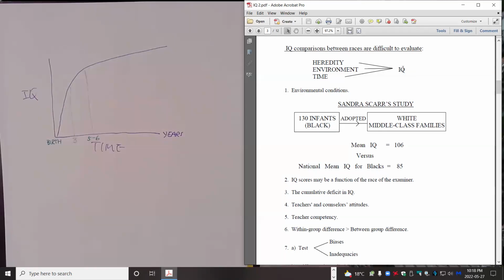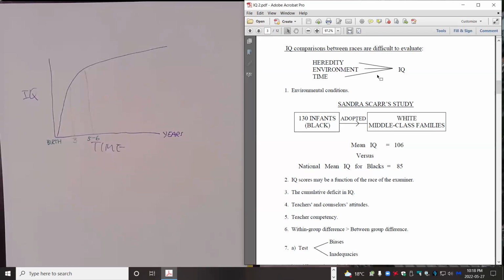So IQ is a function of heredity, environment, and time. So therefore, it is hard to pinpoint why someone has a high IQ, why someone has a low IQ. We have to consider all these, and of course, the interactions among all these three.